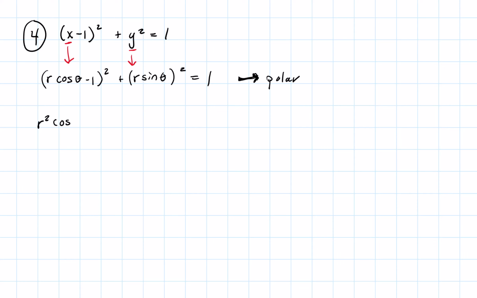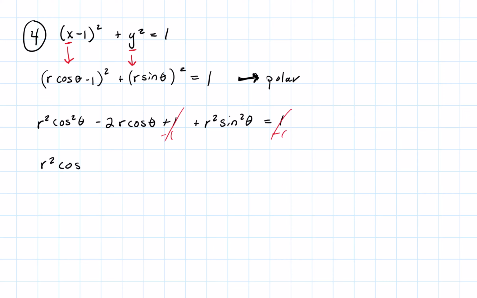R squared cosine squared of theta minus 2r cosine of theta plus 1 plus r squared sine squared of theta equals 1. And notice here that I could subtract 1, and so the 1's would cancel, and then I'm going to group some things here.